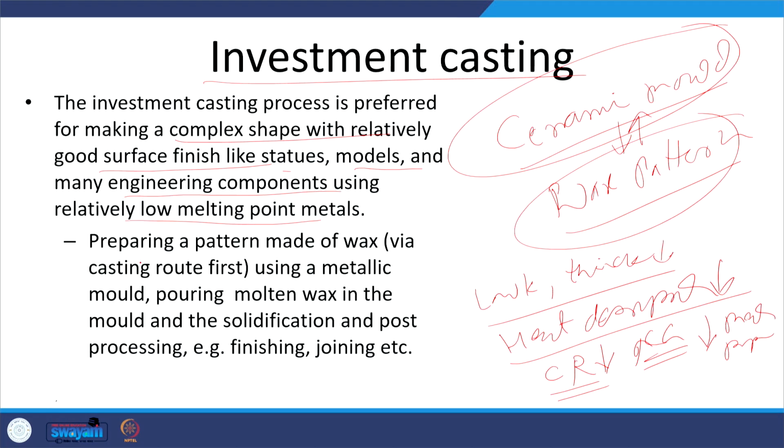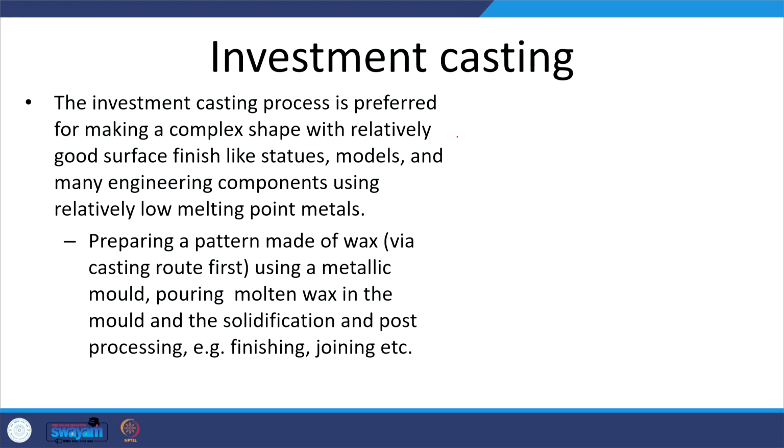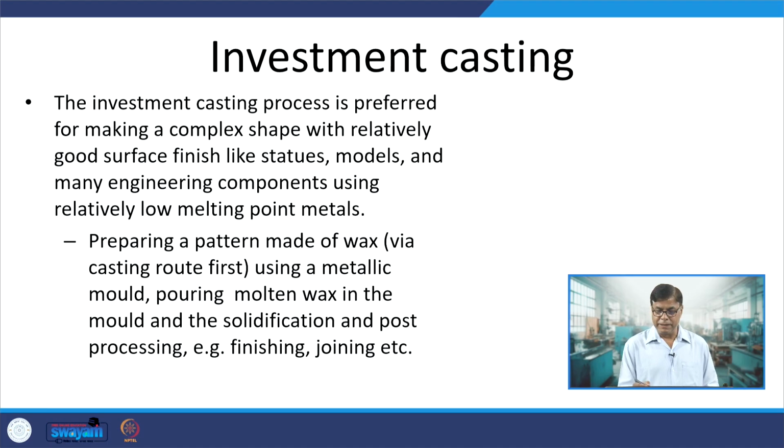In investment casting, the mold is prepared for one use only; it has to be broken after making the casting. The first step is to make the pattern, which is made of wax, and this wax pattern will be used for making the ceramic mold.